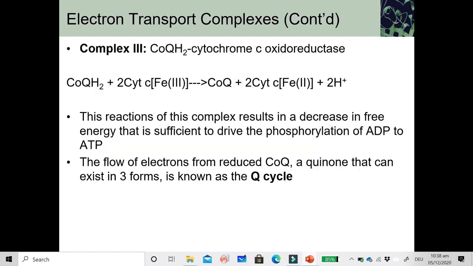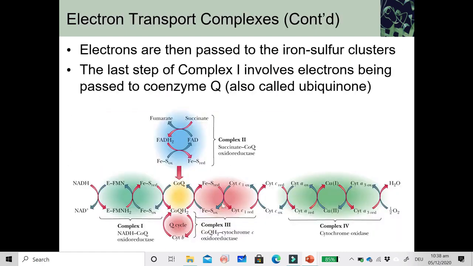So complex 2, I'm not sure if you've seen that here. Complex 2 is actually the succinate coenzyme Q oxidoreductase. And this complex 2 has as one of its components the enzyme that is part of the citric acid cycle. Remember that which oxidizes succinate to fumarate?